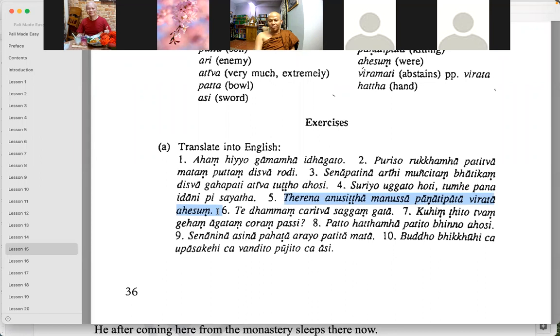So you translate being, right? Which one? From killing. From killing here, panatipata means killing the living beings. Okay. One more time. Yes, Bante.